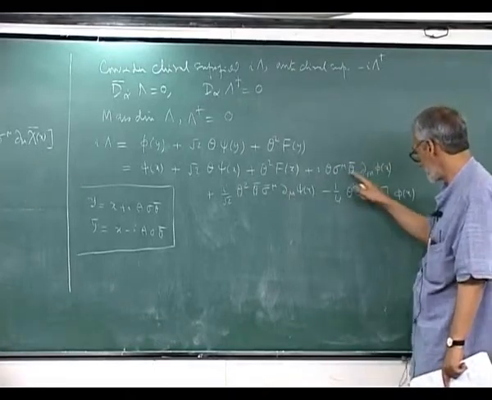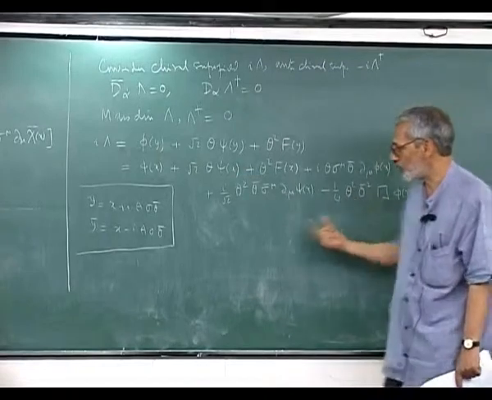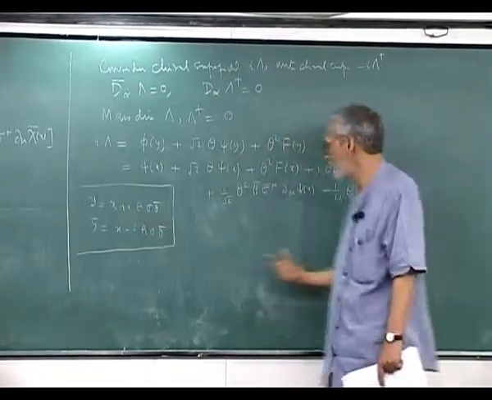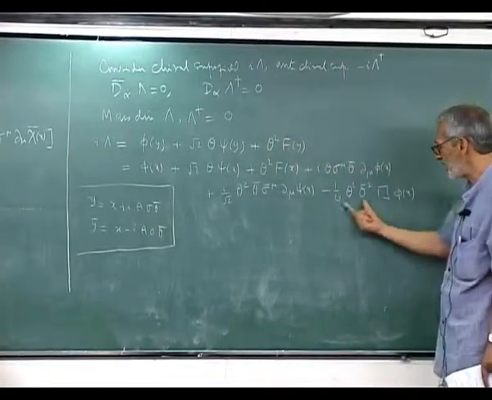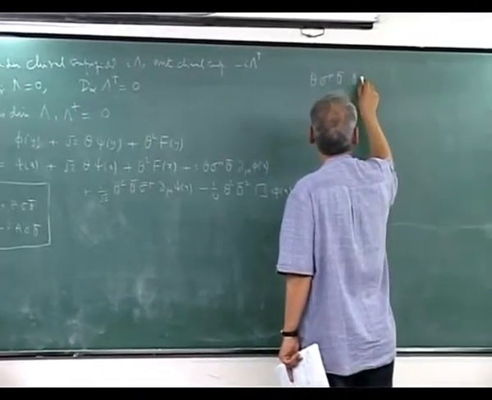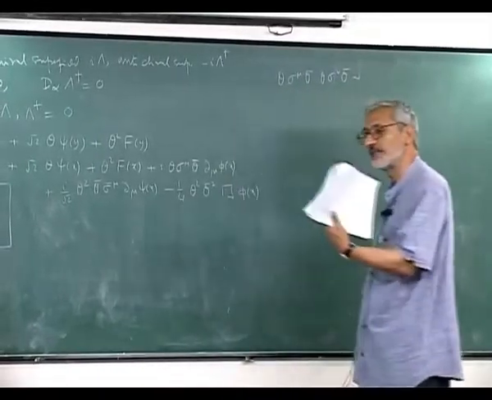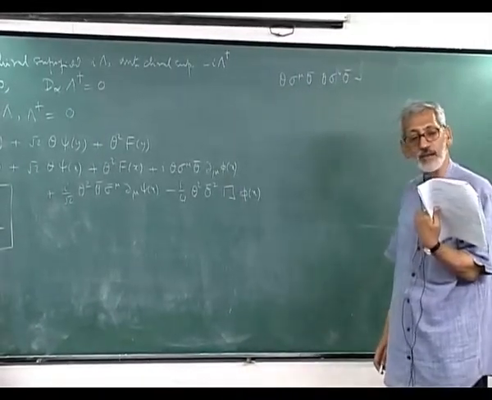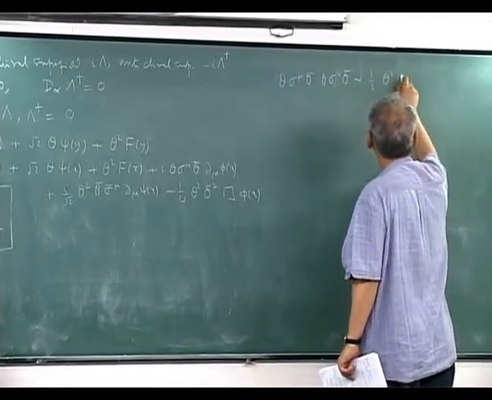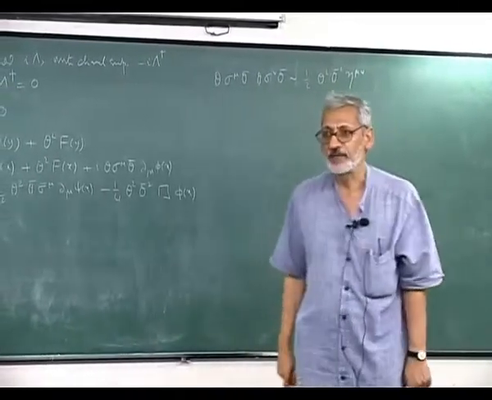And this is the next order term in phi. That will be the square of these objects, half the square of these objects times two derivatives on phi, and for half the square there is an identity: theta sigma mu theta bar theta sigma mu theta bar. I think we did this identity sometime; I don't know if I have it here somewhere, and that is half theta square theta bar square eta mu, something of that kind.